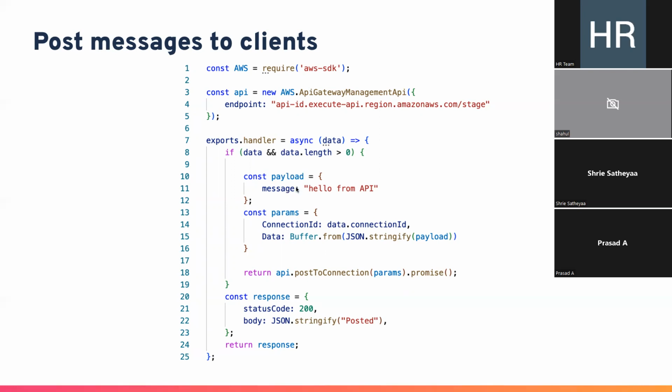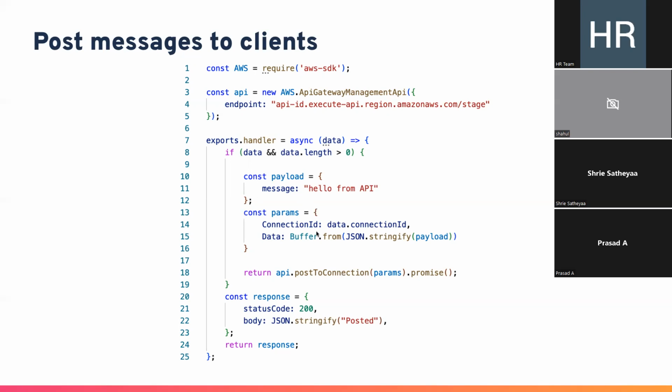Here I've just set a message called hello from API as the payload data property, and the connection ID is the mandatory property that needs to be set, so that API Gateway will know to which client this message has to be sent.